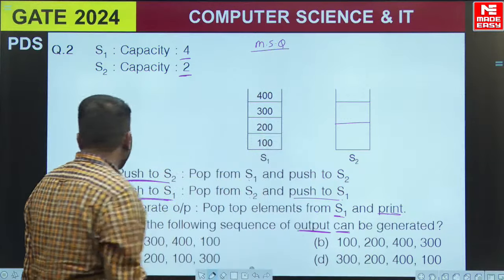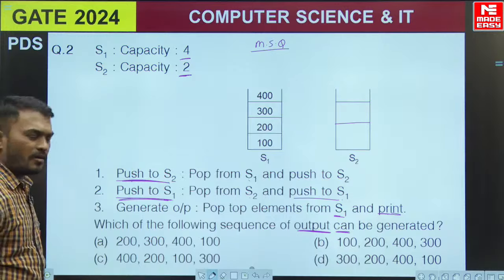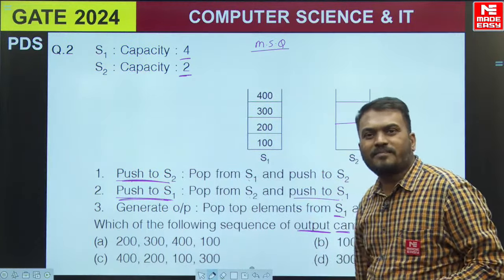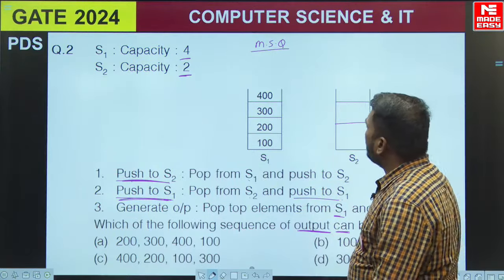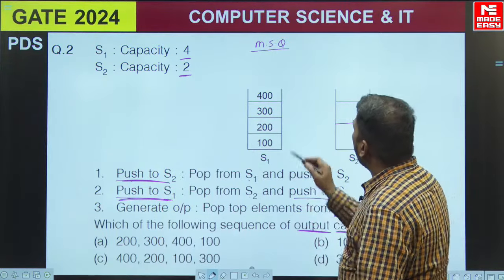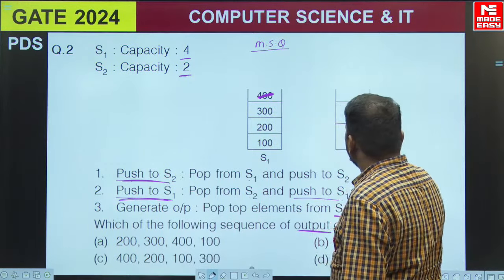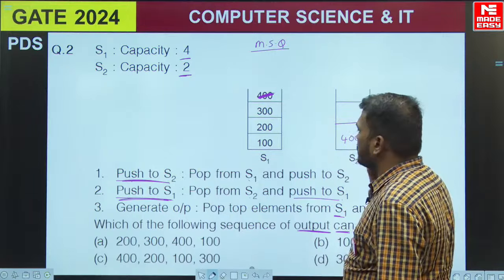Okay, so let us try to understand. First of all, is option A possible or not possible? Just check what option A is saying. First you want to print 200. Now imagine how 200 is possible. See, 200 is here, I want to print 200. What you have to do: first you pop from here and push into S2.